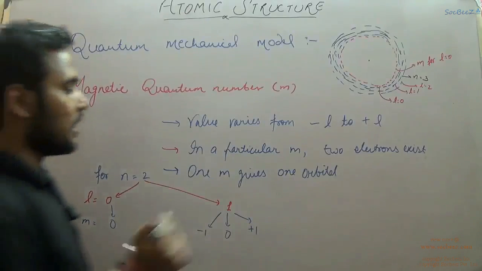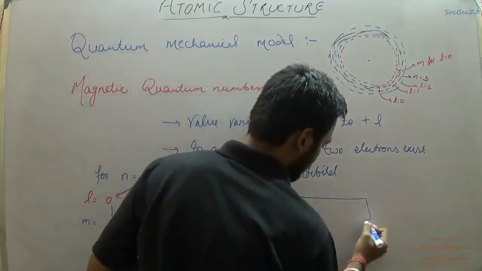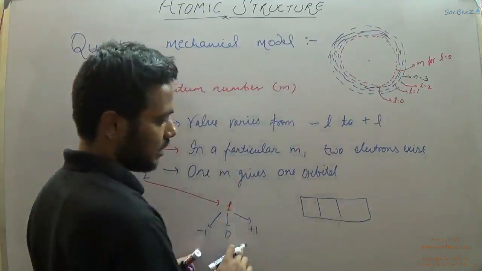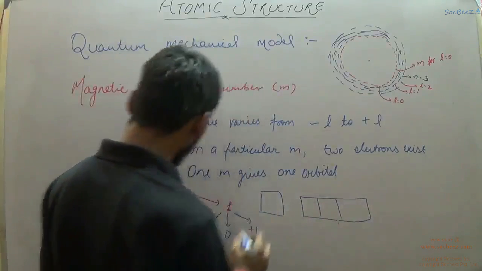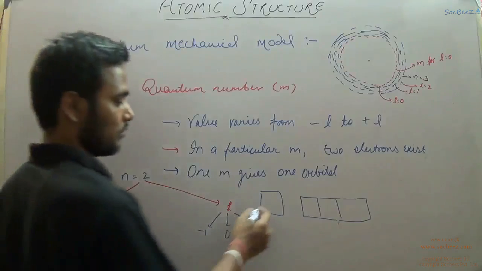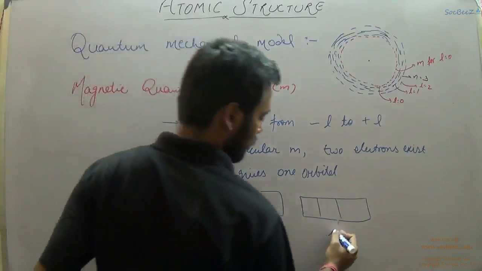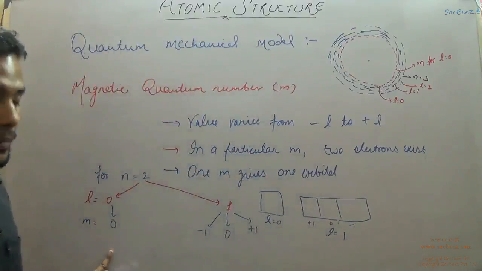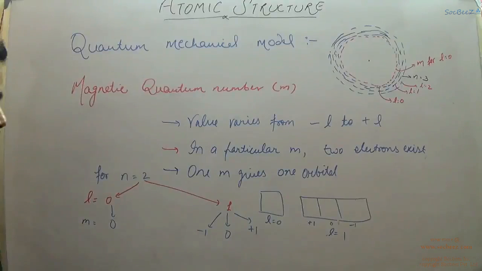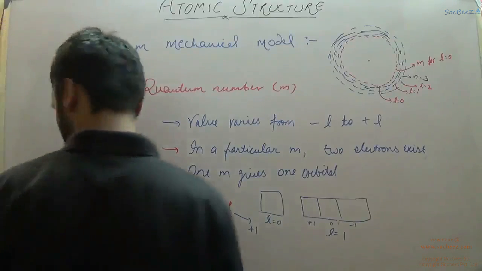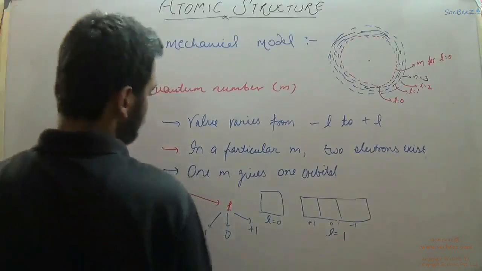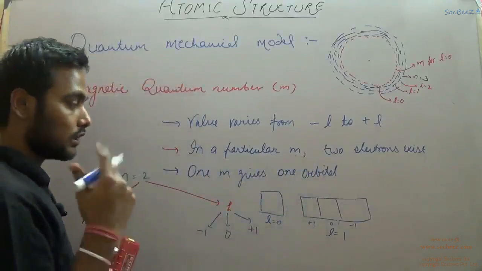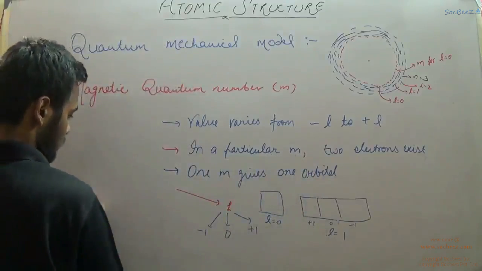We draw the orbitals like this: 3 for L equals 1 and 1 for L equals 0. This is for L equals 0, this is for L equals 1. This is plus 1, 0, minus 1. Now let's discuss the spin quantum number. In this, we are going to discuss why a particular M contains only 2 electrons. Why not more or less?